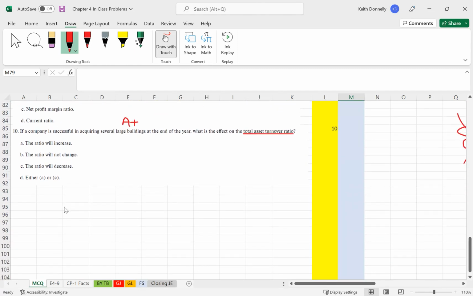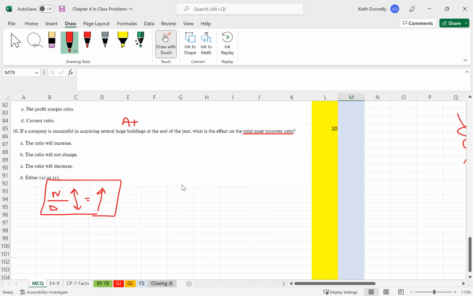In this case, if you remember, I said you have the numerator, the denominator, and then this arrow. In other words, if the numerator goes up or the denominator goes down, then the equation's going to go up. If you remember this, the opposite happens, it's the opposite outcome.